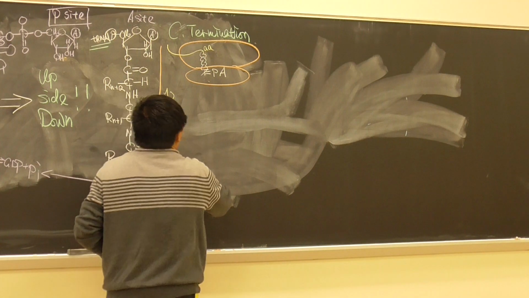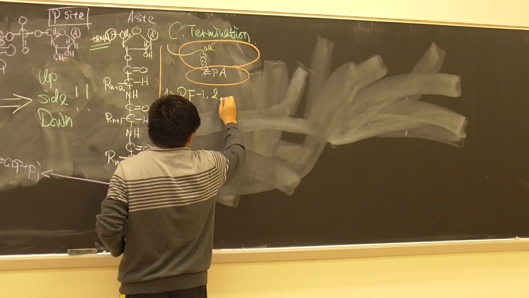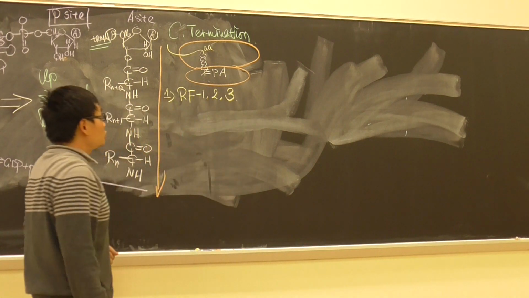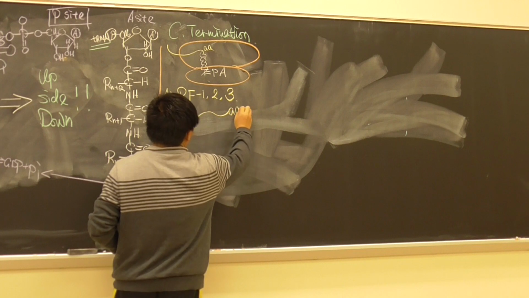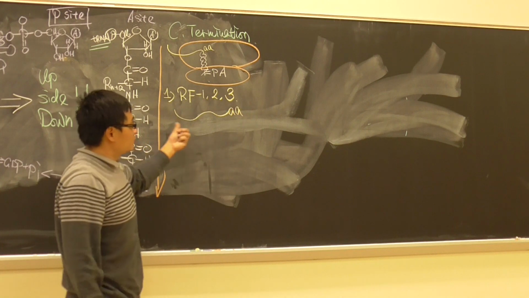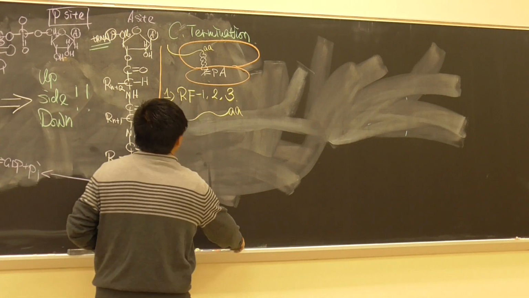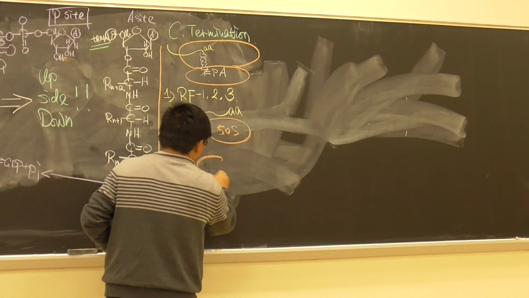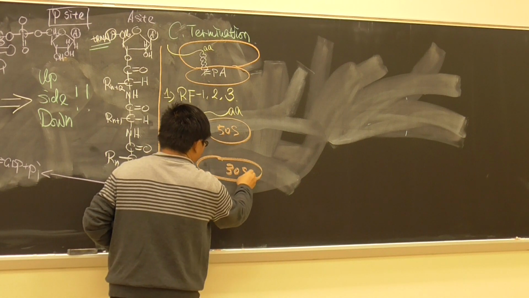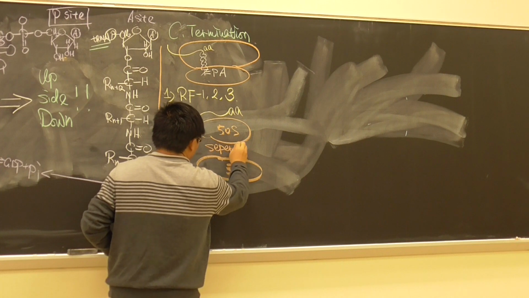Number one, they're going to have a releasing factor 1, 2, 3. Once you have a releasing factor 1, 2, 3, this amino acid chain synthesized will be released. And at the same time, the 50S subunit and 30S subunit will be separated.